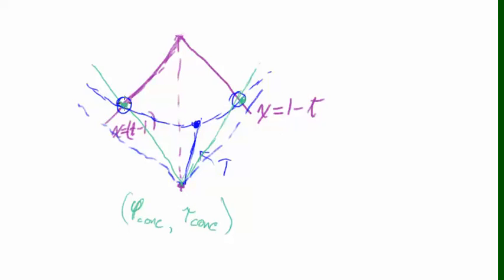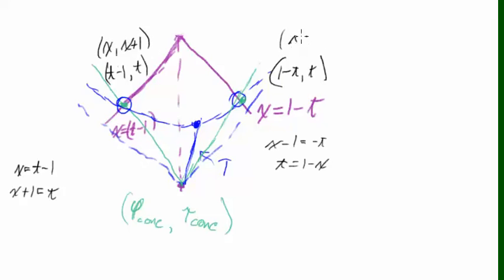Now there's two ways I could write this coordinate over here. It's t minus 1 comma t, or I could write it as x comma x plus 1. And I can write this one as x comma 1 minus x.